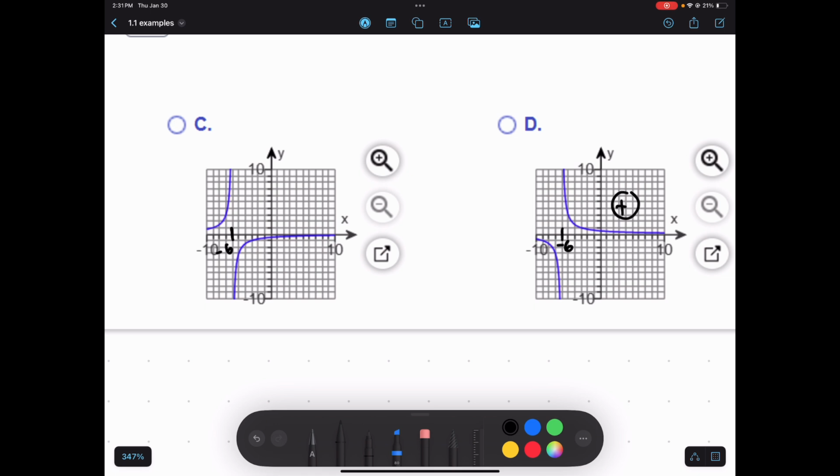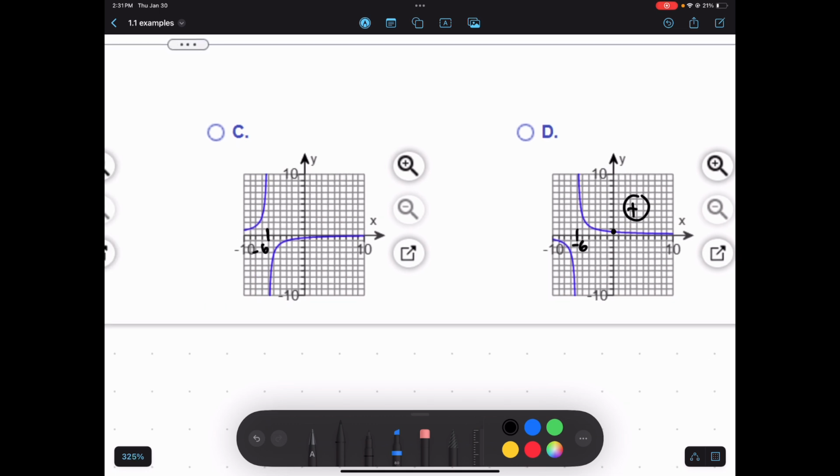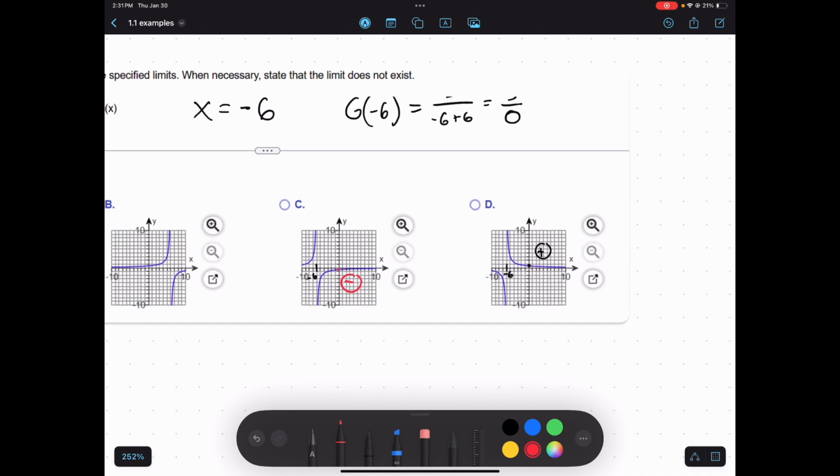The graph is above the x-axis for most of the numbers we're used to. Specifically, an easy one to point out is 0. If I plugged in 0, it looks like I'm getting a positive number, as opposed to this graph where if you plug in 0, you're going to get a negative number. So that's how I can tell the difference between these two graphs.